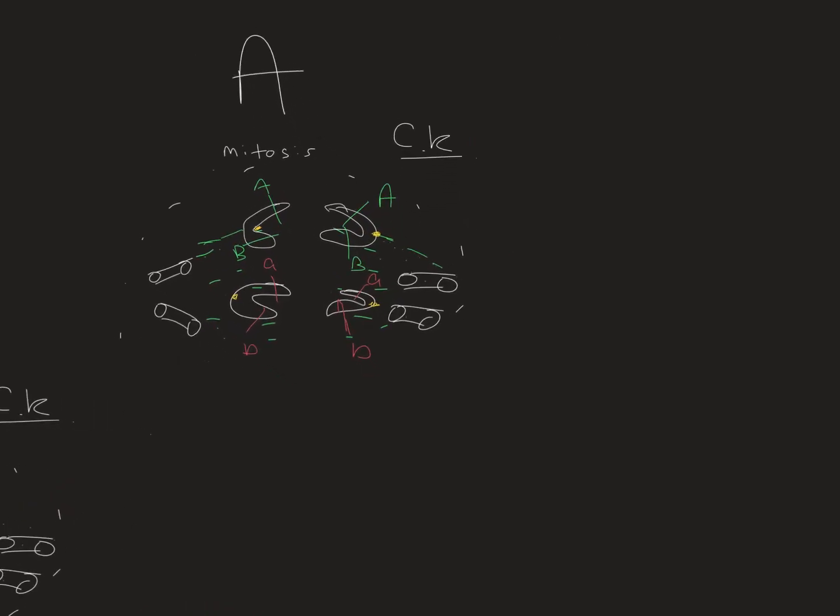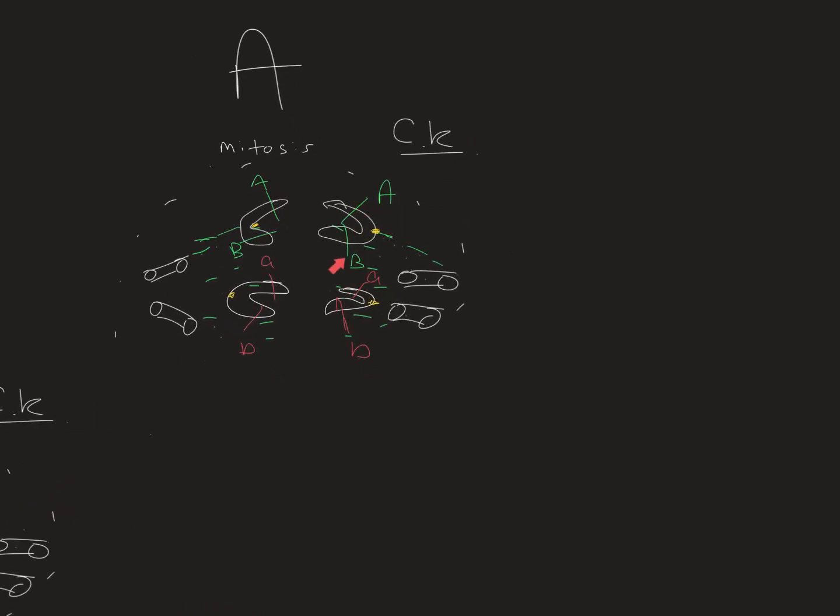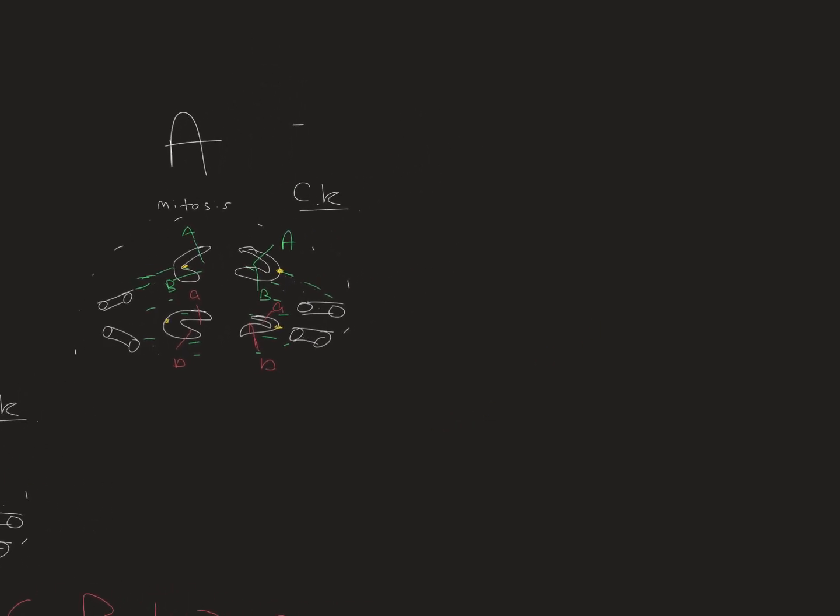So now in anaphase, you can see that they're not just separated in number of chromosomes, but they have the right combination of chromosomes on each side of the cell. This is happening in anaphase. So anaphase is when the chromosomes are separating.